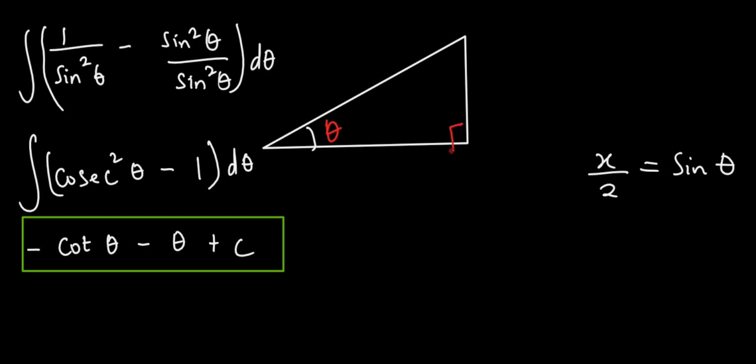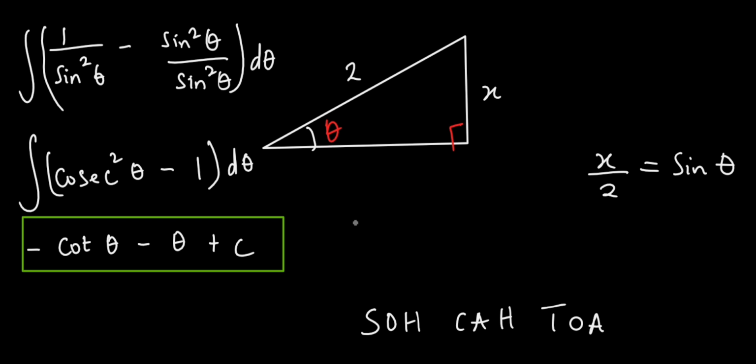We have our 90 degrees here. Then, this way we can use our SOHCAHTOA. The SO part means sine theta is equal to opposite over hypotenuse. So the opposite side is here, so we have x here. The hypotenuse, we have 2 here. So we need to find the unknown, which is the adjacent side.